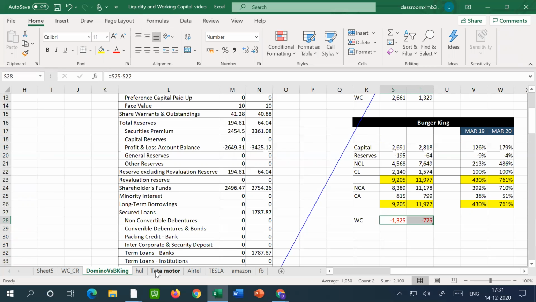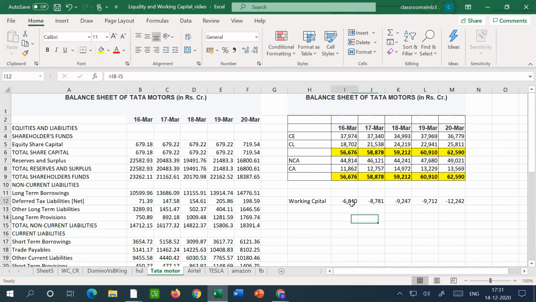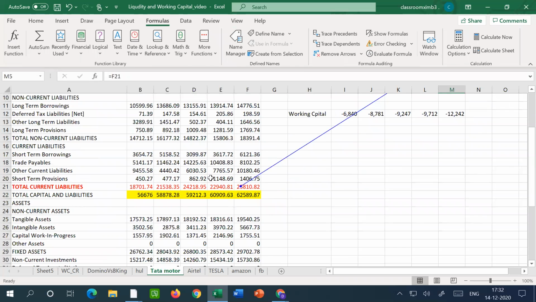Let us see the Tata Motors. Tata Motors consistently, all the 5 years, has been having negative working capital, and not only that, the negative working capital is also increasing. Let us see the composition of the current liability.